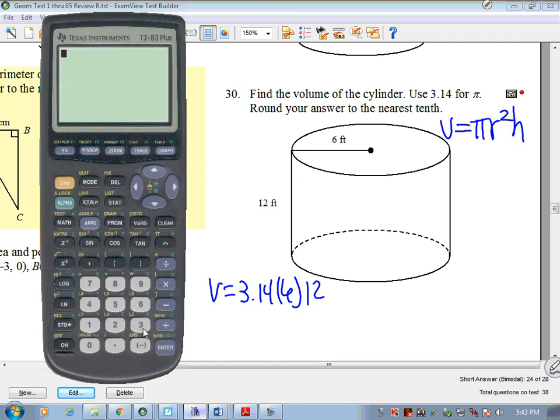Okay, show our work. 3.14 times 6 squared. I'm sorry, I didn't put that square in there, did I? Times 12. 1,356.5. Because it's volume, we want feet cubed.